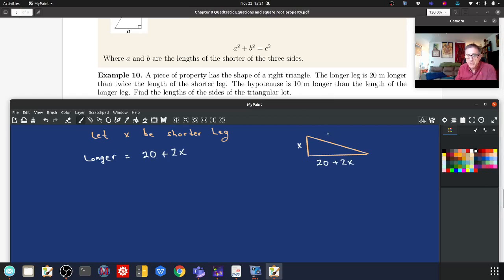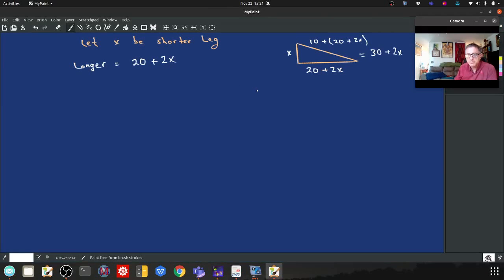The longer side, which is the hypotenuse, is 10 meters longer than the longer leg. So it's 10 meters added to the length of the longer leg. So that's equal to 30 plus 2x. So we have our setup. We know by the Pythagorean theorem, these are the two legs, x and 20 plus 2x, and the hypotenuse is 30 plus 2x.